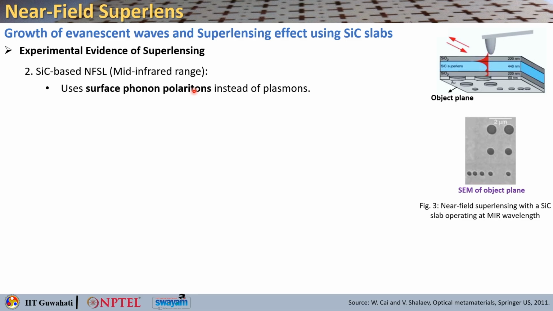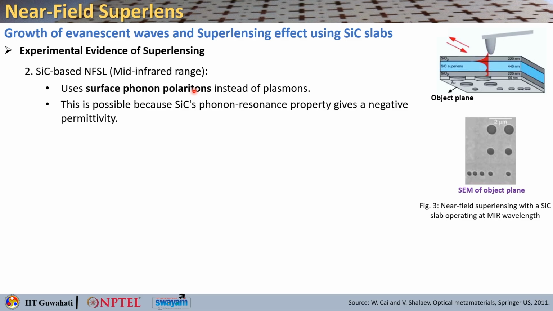So, it basically uses surface phonon polaritons instead of plasmons, and this is possible because silicon carbide's phonon resonance property gives a negative permittivity. So, again you are using that negative permittivity, but the origin of that effect is not plasmon here, it is the phonon resonance.